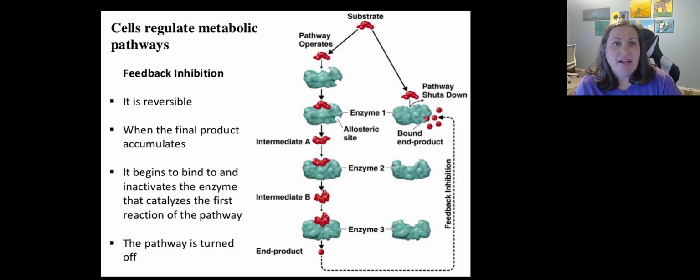When the final product accumulates, it begins to bind and inactivate the enzyme, which shuts the pathway down. If we run out of this end product, we can take it off of enzyme A and it starts the pathway back up again. So this just gives you an example.